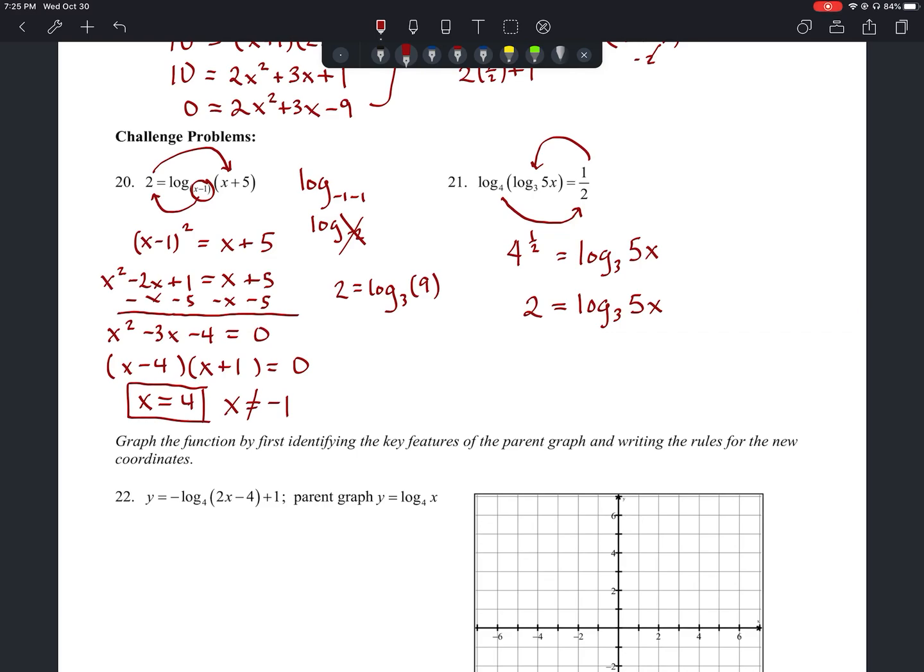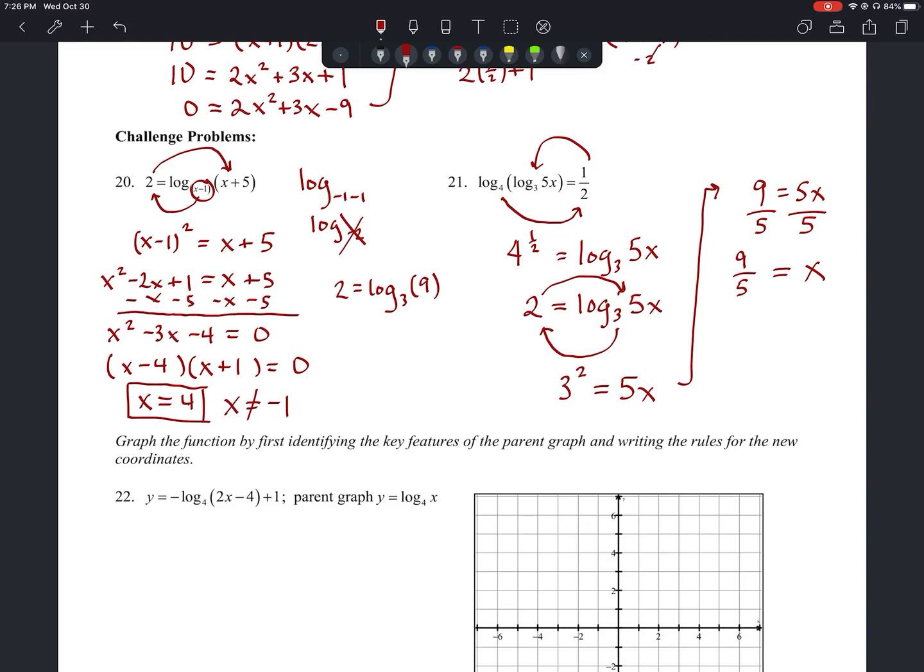And since we have another log expression here, let's go ahead and rewrite its form again. Let's do 3 to the 2nd power should equal 5x, which really is 9 equals 5x. And we'll divide each side by 5. So we get x is equal to 9/5.